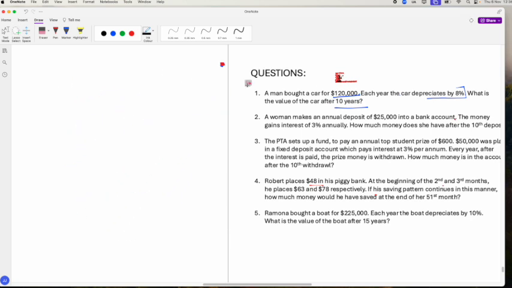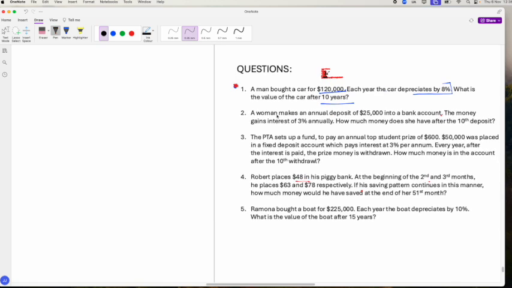So let's check out number 2. A woman makes an annual deposit of 25,000 into a bank account. So that means that the first deposit P is 25,000. The money gains interest at 3% annually. So we want to find out how much she is going to have after the 10th year. The first P is 25,000.